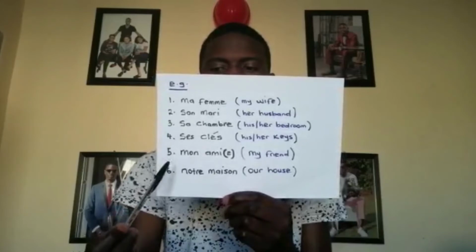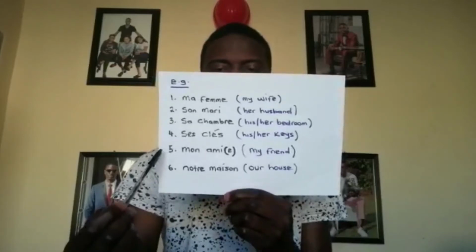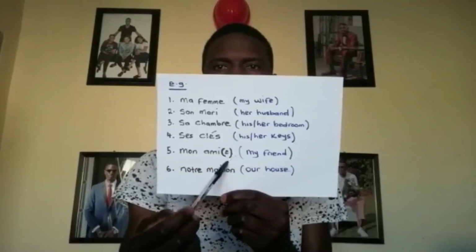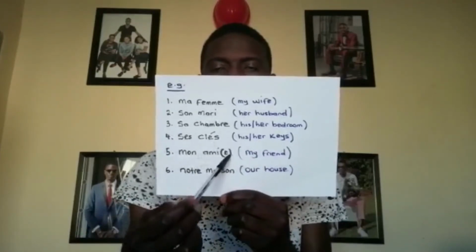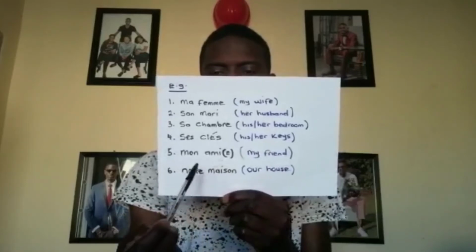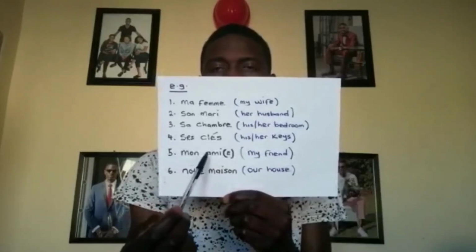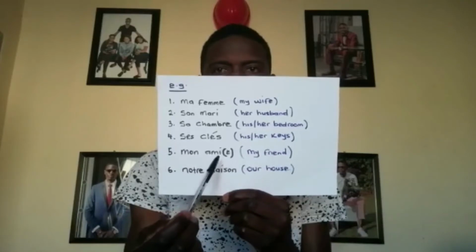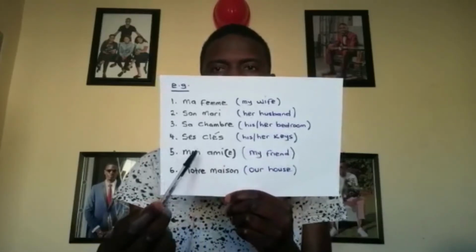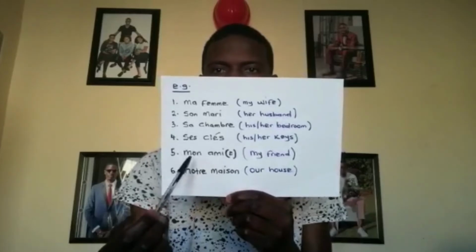The fifth one we have mon ami. Now if you see mon ami there, we have in parentheses the e there. This is to explain that in the case that a noun starts with a vowel, you are always going to use the possessive adjective in its masculine form.